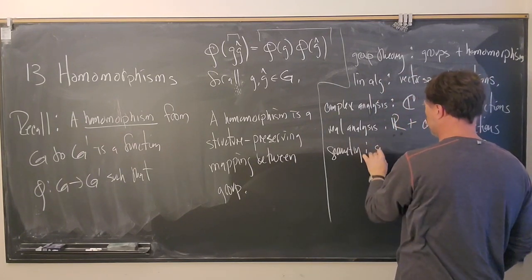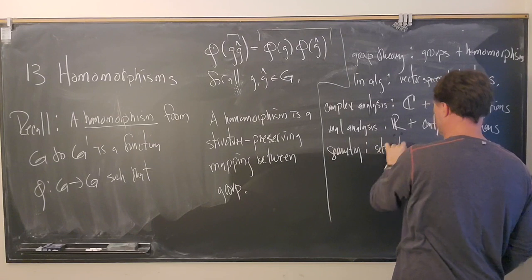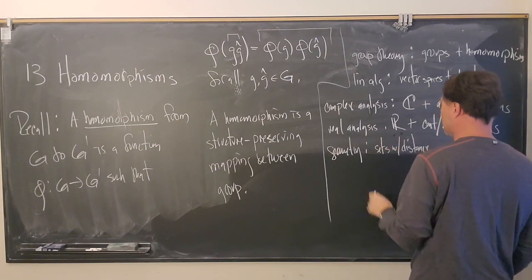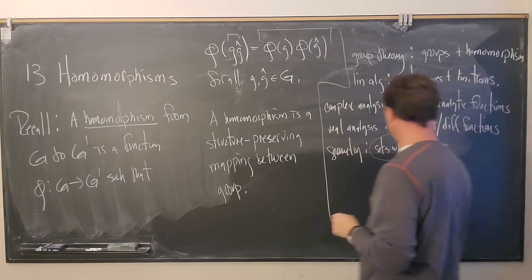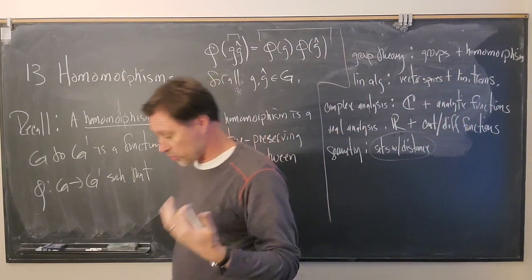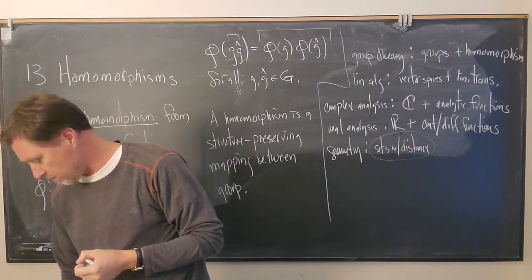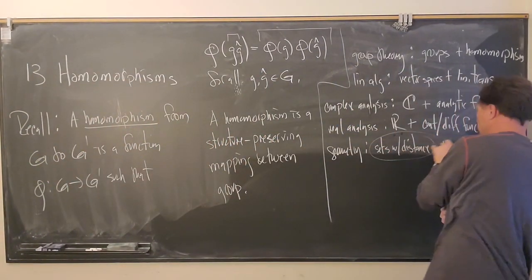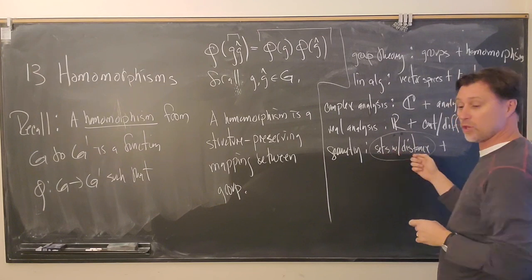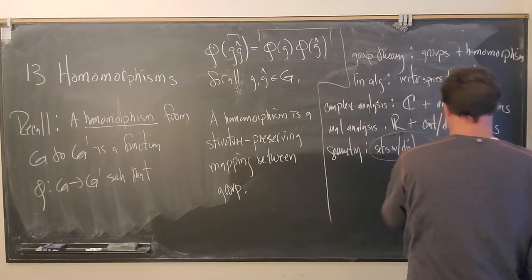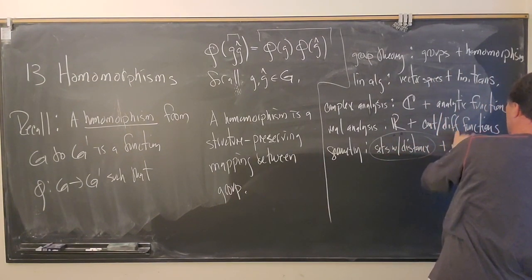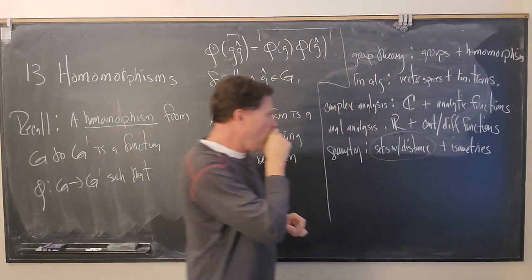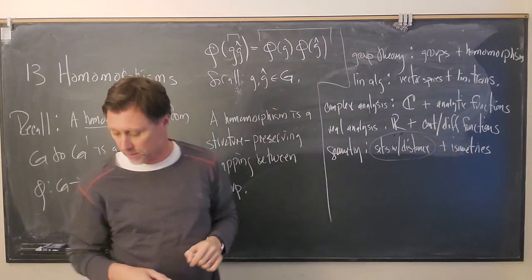So these are sets together with the structure, this notion of distance, and often these are metric spaces, the official term for sets with a notion of distance. And then isometries are the mappings between metric spaces that respect distance.